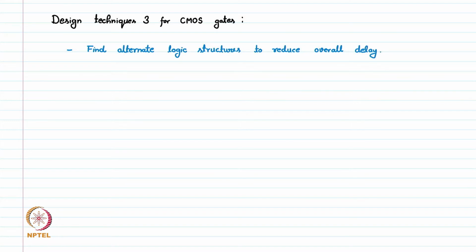So, let us take an example. For example, we have a function F which we are implementing, and this is nothing but dependent on the 8 input signals, which is, let us say, A, B, C, D, E, F, G, H. These are 8 input signals, and the function I am implementing is just the product of all these inputs.